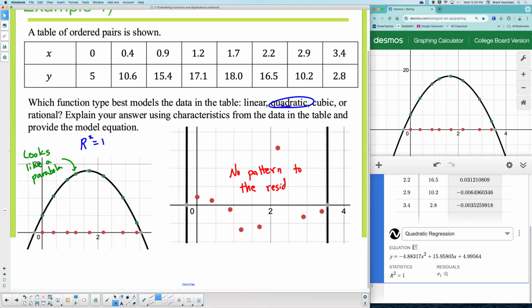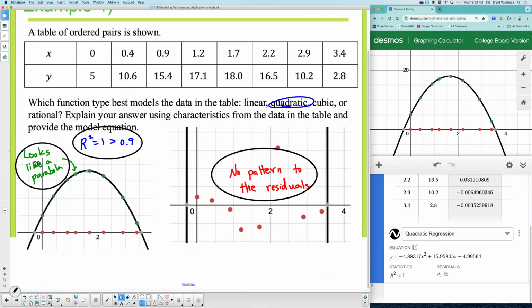Let me put this, r squared equals 1, which is greater than 0.9. All these things are different reasons why this is a quadratic. All those reasons right there would be reasons why you could go with quadratic. Does that make sense?